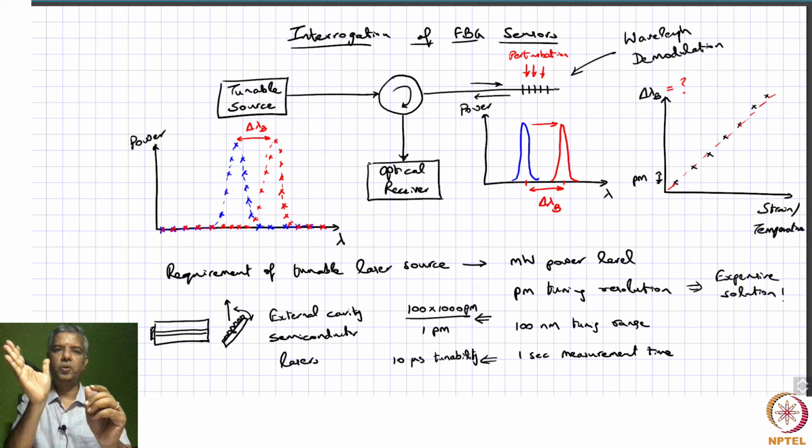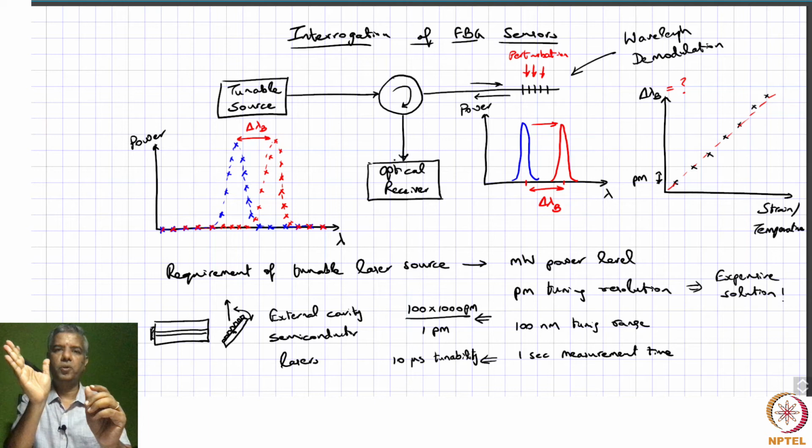And that is a problem, because when we are looking at the power, it becomes an intensity modulated sensor. Now there's some modulation happening, and that change in intensity, a change in power, is what we are looking at the receiver. So it becomes susceptible to all the noise sources that we talked about for intensity modulated sensors. So we lose the advantage of going for a wavelength modulated sensor if you use this interrogation.